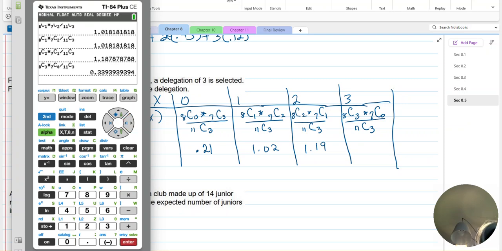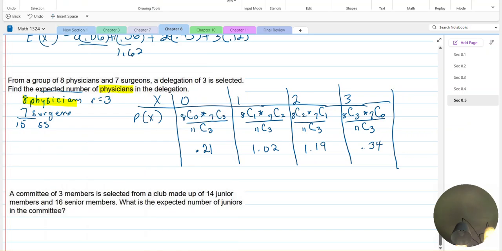So the expectation is the sum. All right. So let's do some math here. We're going to add them up.